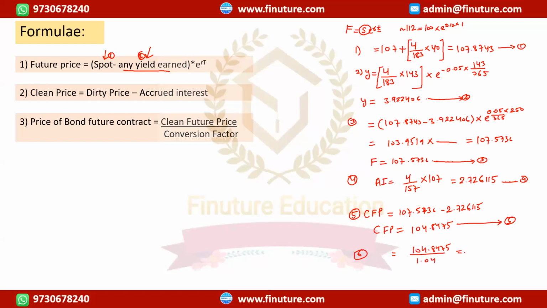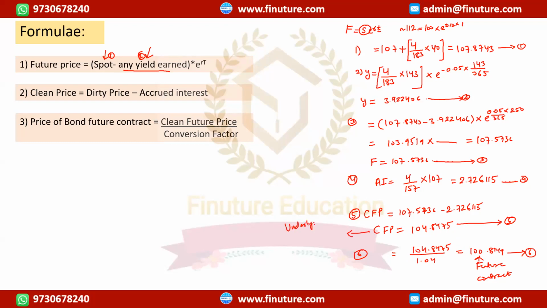So 104.8475 divided by 1.04 is equal to 100.8149. So just to summarize, this is the price of the future contract. Okay, very important, this one. And this is the underlying bond future price.